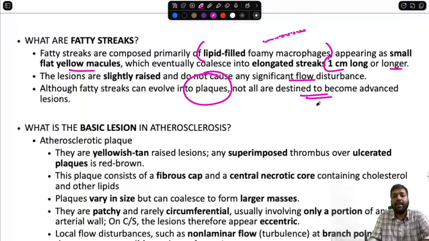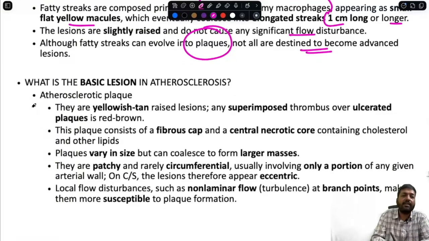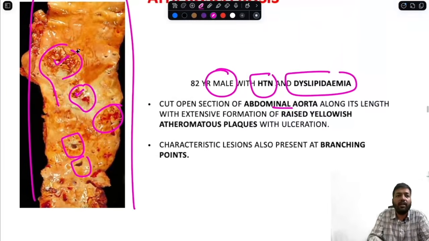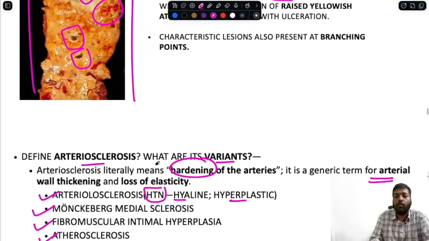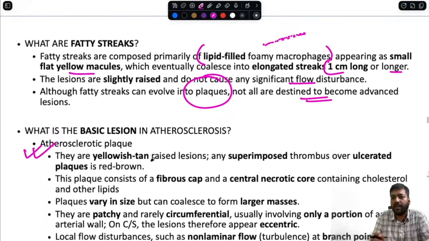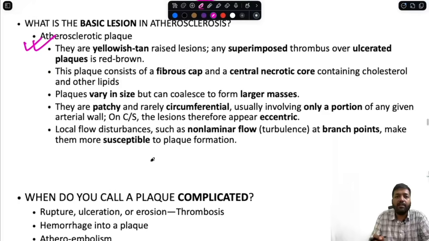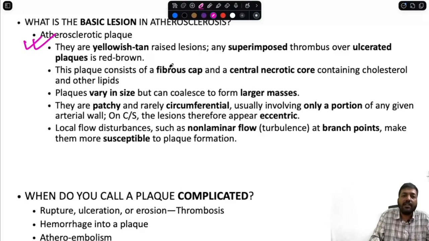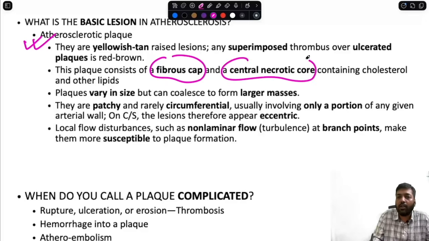Now, what is the basic lesion in atherosclerosis? It is the atherosclerotic plaque. They are yellowish tan raised lesions. Any superimposed thrombus over ulcerated plaques is reddish brown in color, as we can appreciate over here. The plaque consists of a fibrous cap and a central necrotic core containing cholesterol and other lipids.